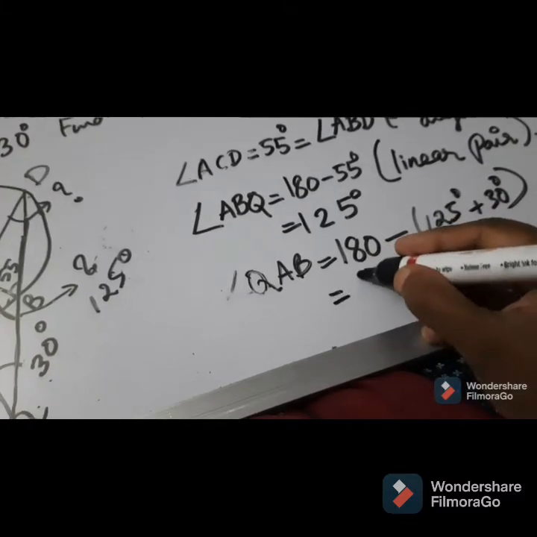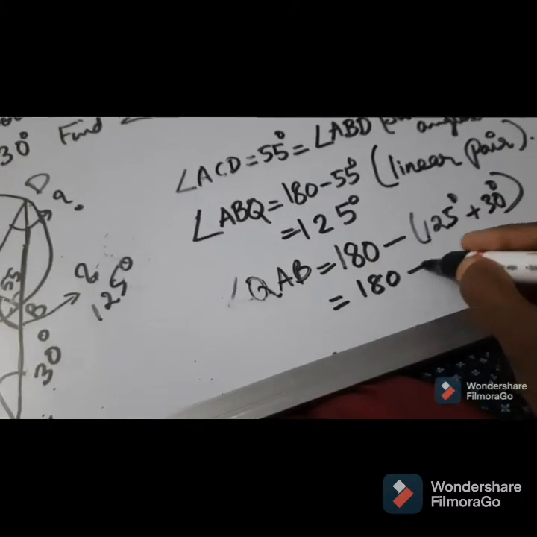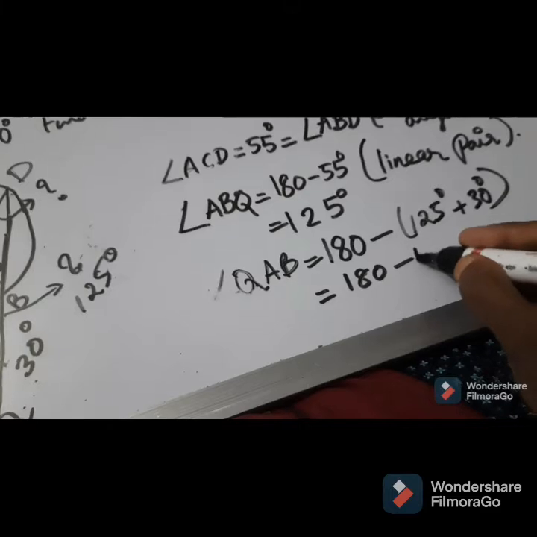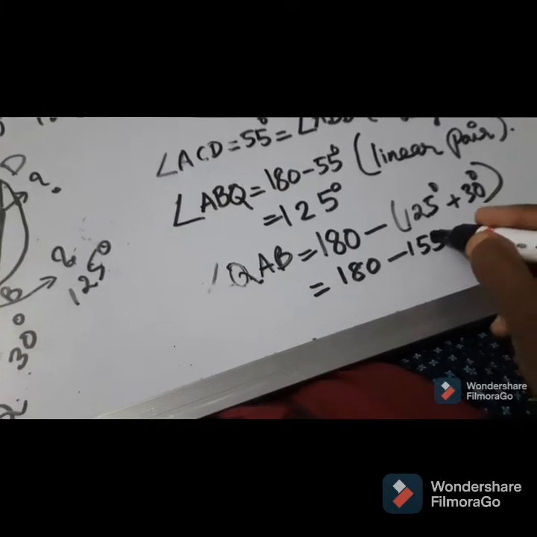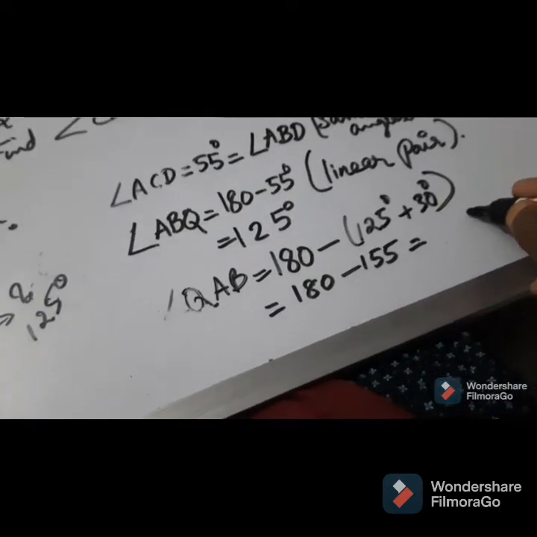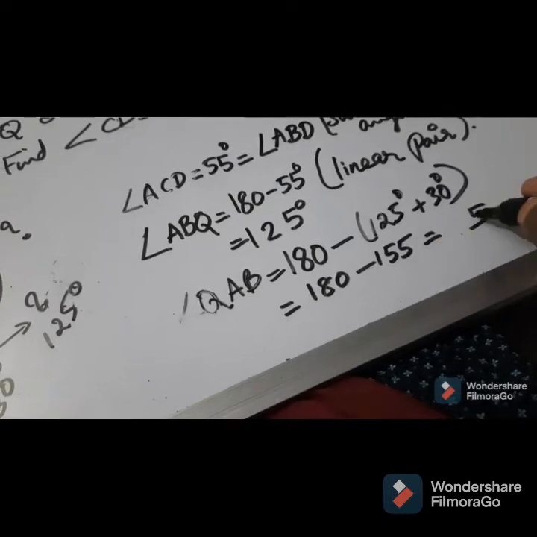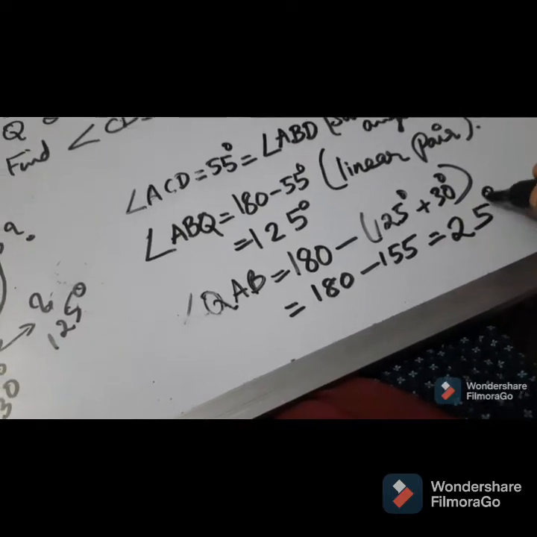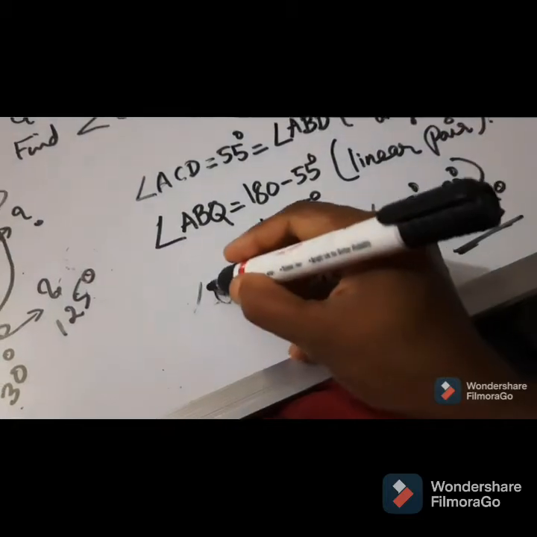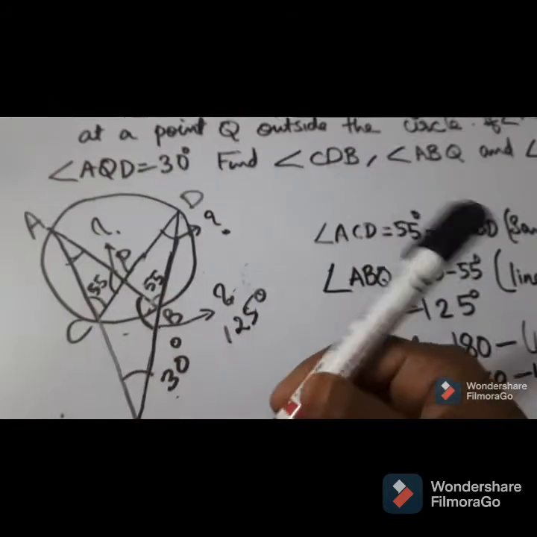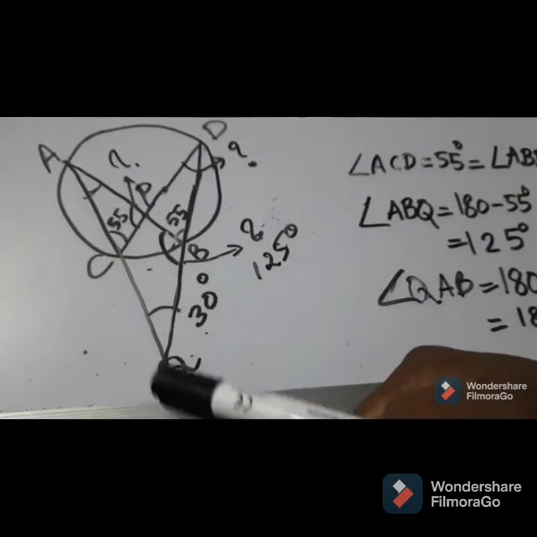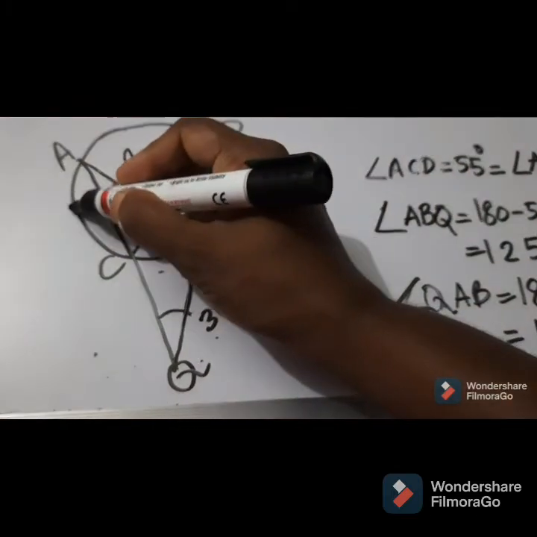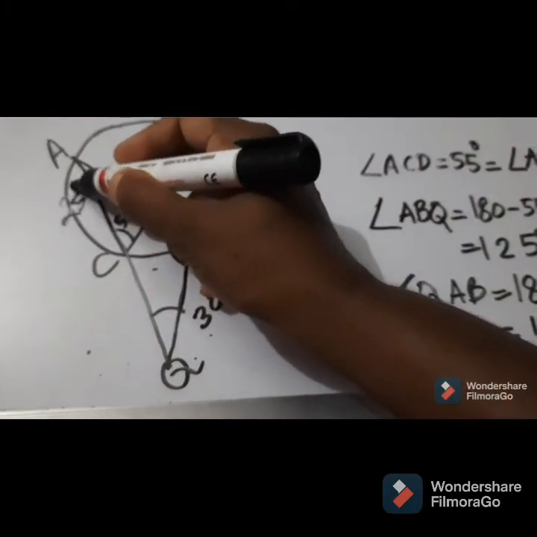We will get 180 minus 155, so you will get 25 degrees. So angle QAB, this angle, is 25.